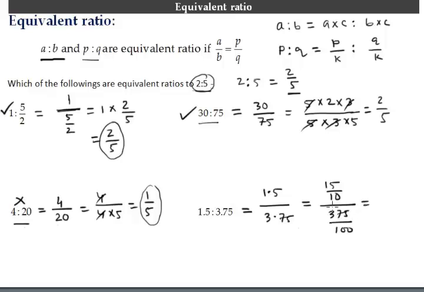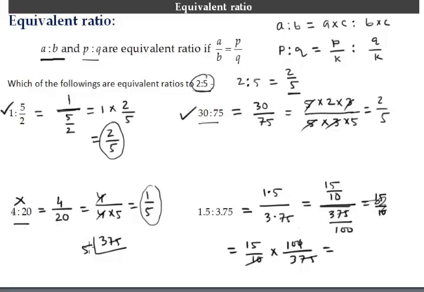So now if we convert this division into multiplication, it will be 15 divided by 10 times 100, this 100 will go up, over 375. So this 0 will be gone.